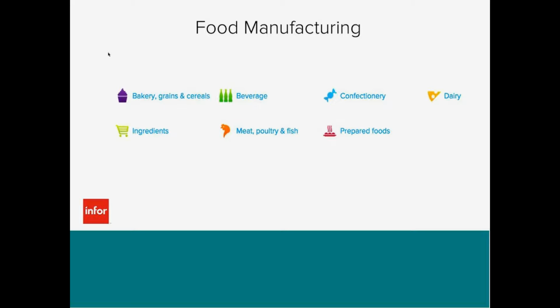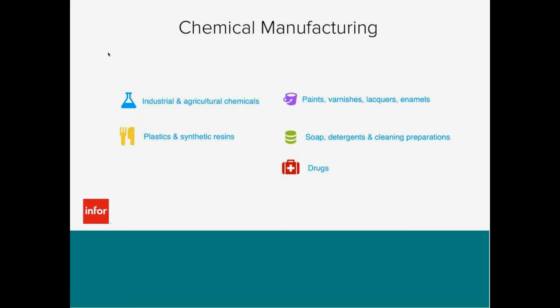So within the process system, we've tried to address each and every one of the specific micro-vertical needs versus just a generic formula-based manufacturing system. The second group that we deal with typically in process manufacturing is chemical. Chemical could be industrial and agricultural, plastics and resins, paints, varnishes, soaps, drugs.